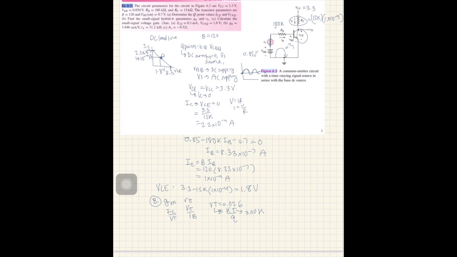So earlier we calculated IC, which is 1 times 10 to the negative 4, over 0.026, and then 0.026 over IB, 8.33 times 10 to the negative 7.